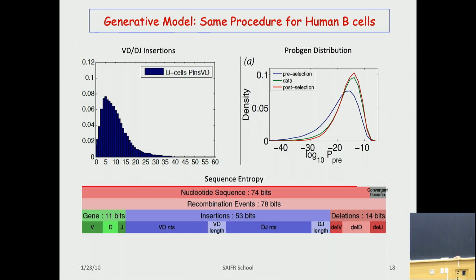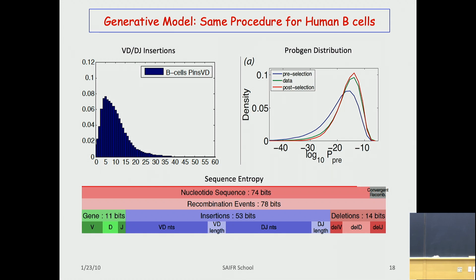So for B cells, the most important thing to note is that the distribution of insertions, the thing that is responsible for the largest fraction of the entropy of the sequence distribution of T cells, is much broader. In other words, the mean number of insertions is substantially larger for B cells than for T cells.